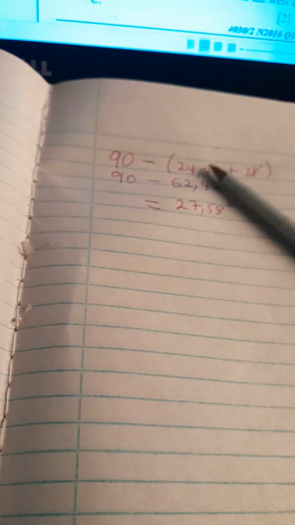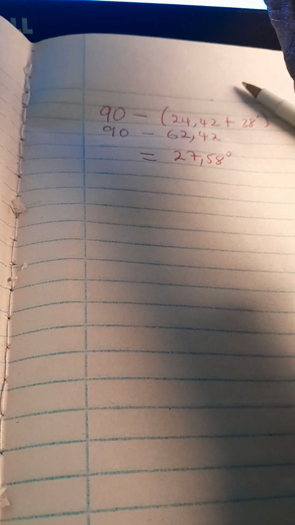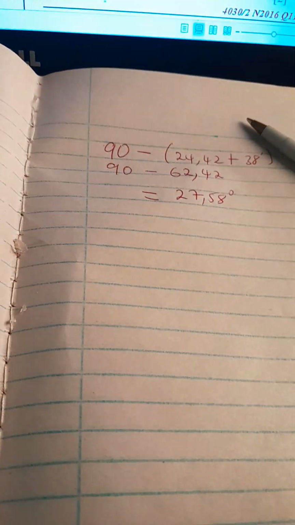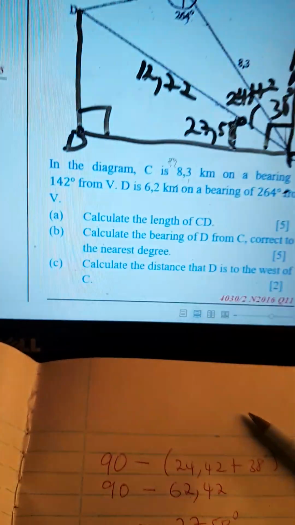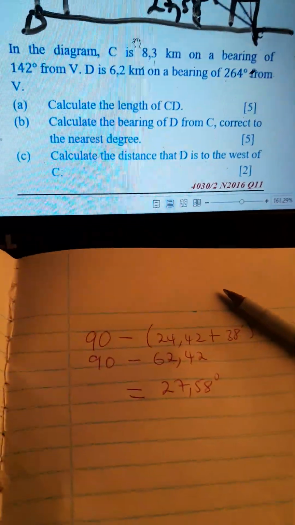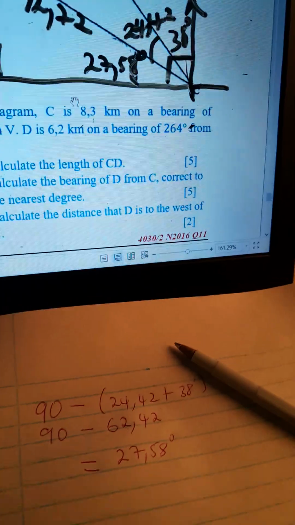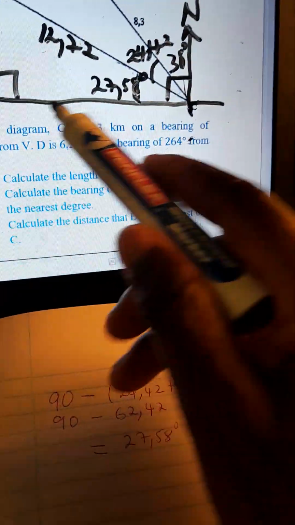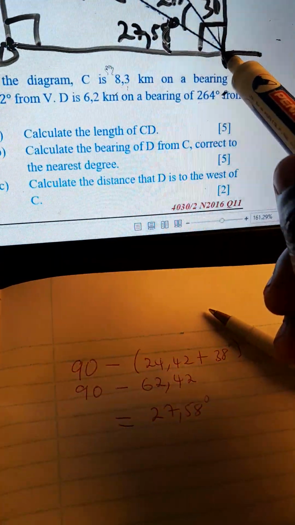Then the side which we are to find, so here is 27.58 degrees, fine, 27.58 degrees, right? So the distance which we are to find here is this distance from D to C, right?